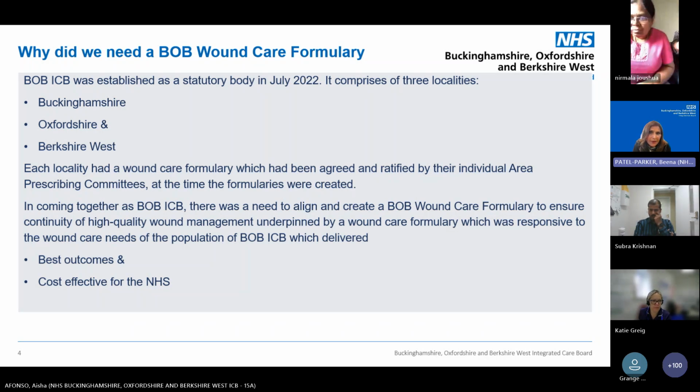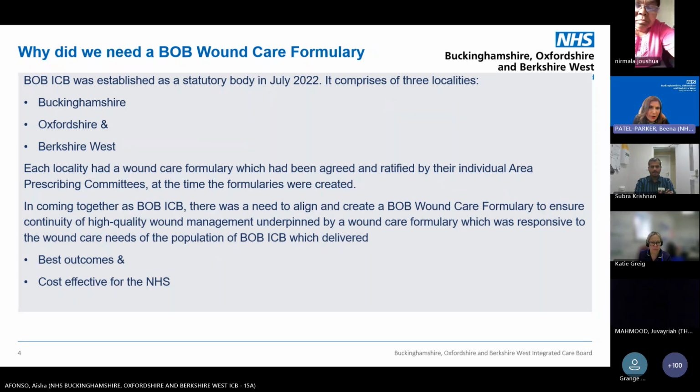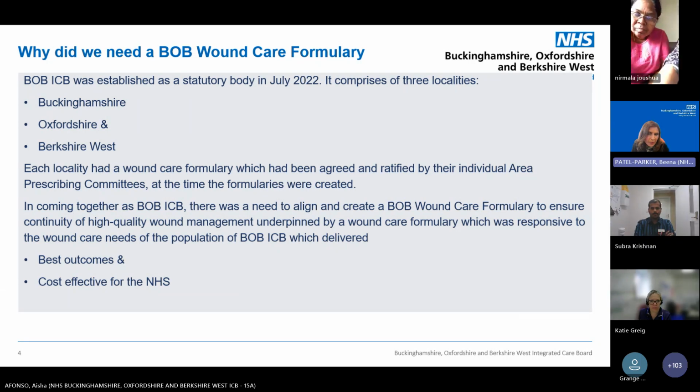But in coming together as a BOB ICB, we needed to align and create a BOB wound care formulary to ensure the continuity of high quality wound management was underpinned by a wound care formulary that was responsive to the wound care needs of the population of BOB ICB, ensured the best outcomes for our patients and was cost effective for the NHS.